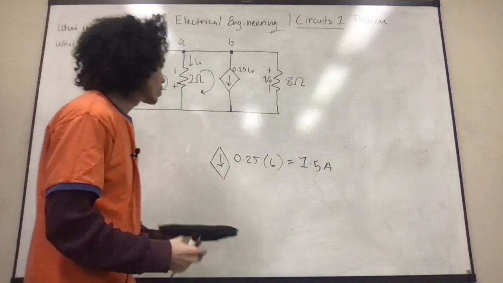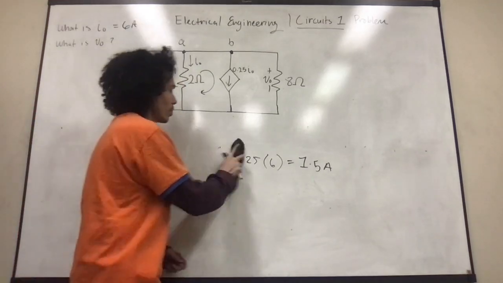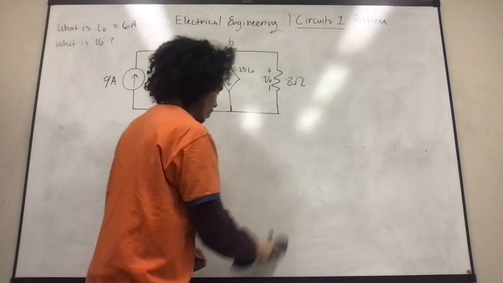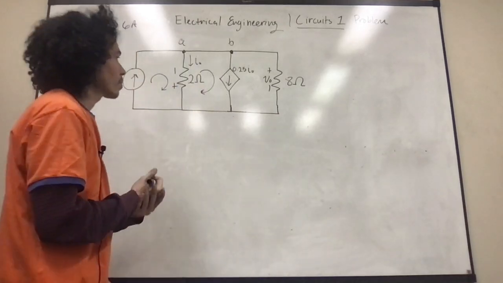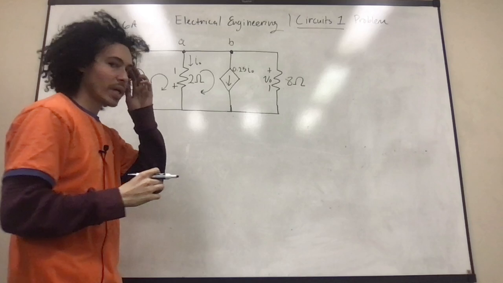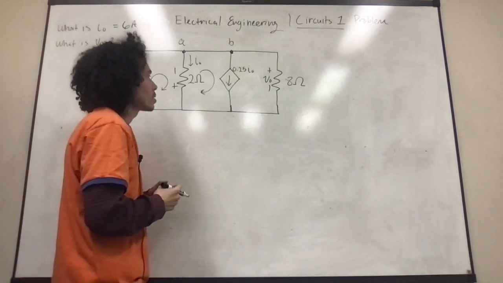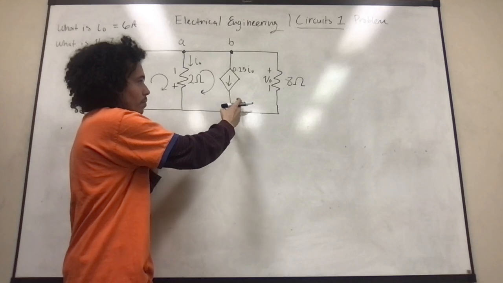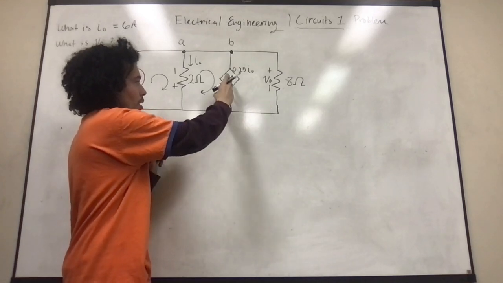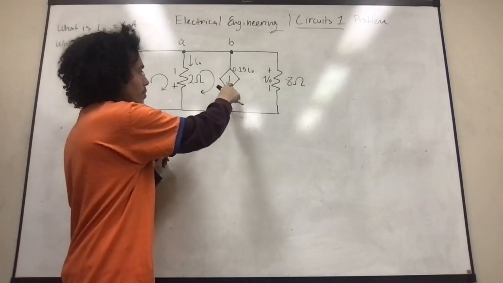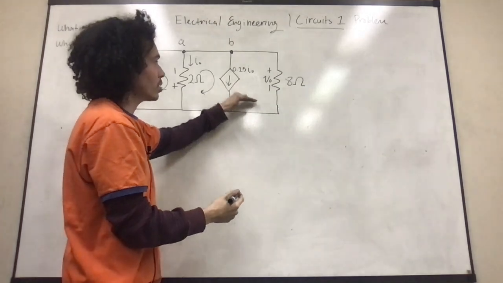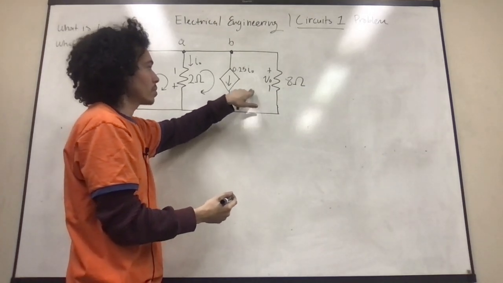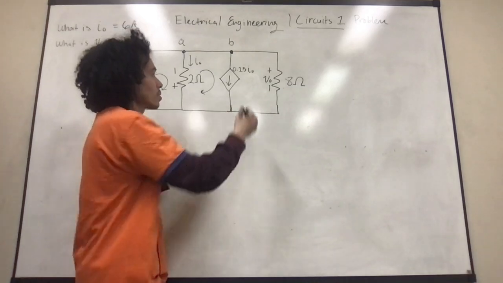So here's what we're going to do. Doing loop by loop analysis, we can see that the voltage coming out this way. No, not the voltage, the current. And it's going to enter into the negative part of our resistor.